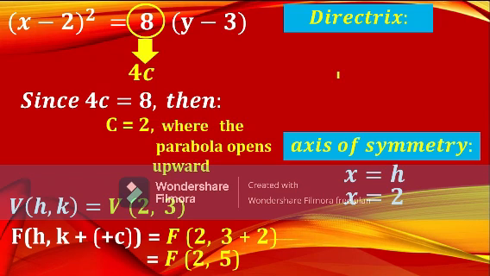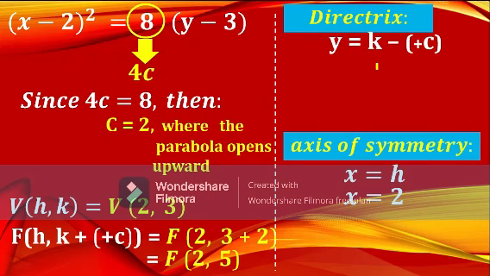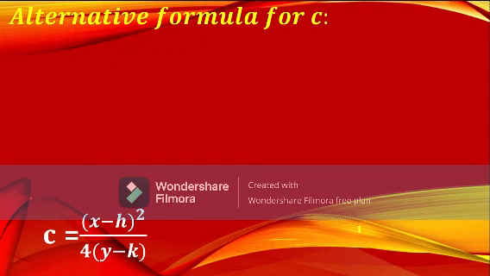Then the directrix, the formula is y is equal to k minus c. Our k is 3, our c is 2. So that becomes 3 minus 2, our directrix is y is equal to 1. And then the axis of symmetry is x is equal to h. Our h is 2, therefore our axis of symmetry is x is equal to 2. Okay, I hope that it's clear so far.